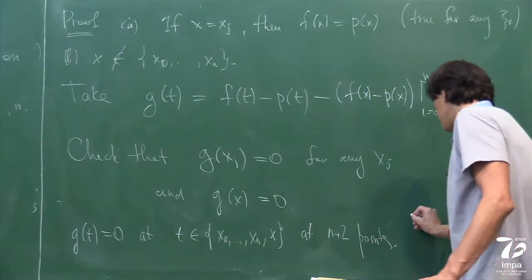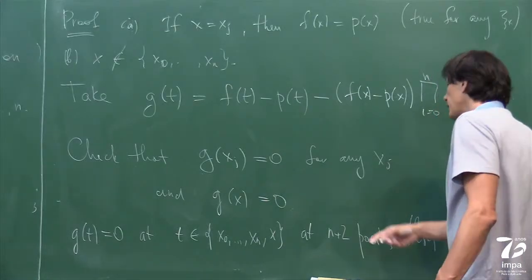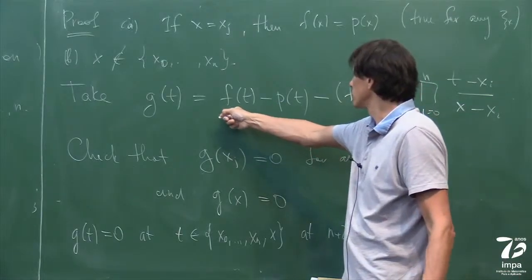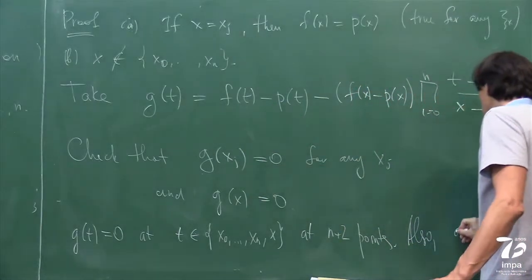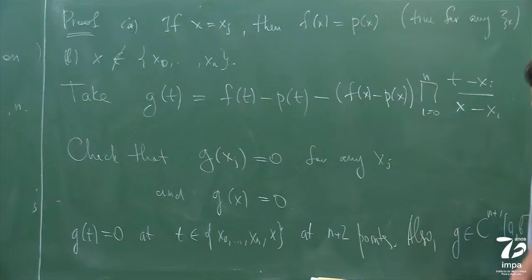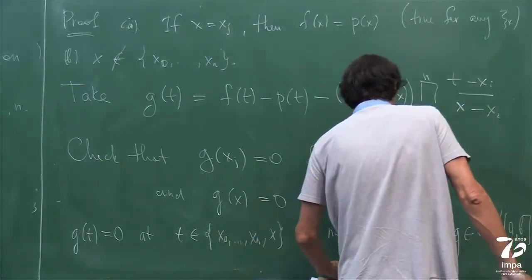And also by construction, since we used polynomials and f, g has n plus 1 derivatives. Okay. And all these points are different.